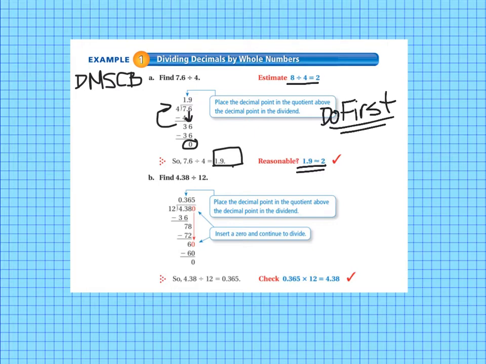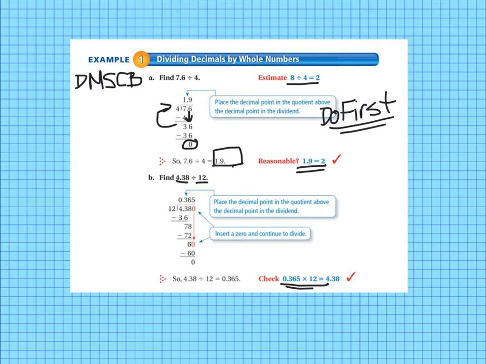The next one, we're not going to do an estimate because our numbers are kind of funky here. So we've got 4.38 divided by 12, so you've got a small number being divided by something that's larger than that, so it's harder to estimate. So instead, we're going to check at the end using multiplication, so we'll talk about that.